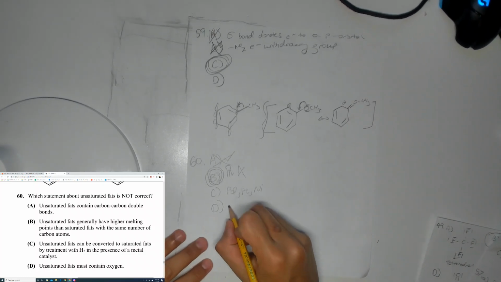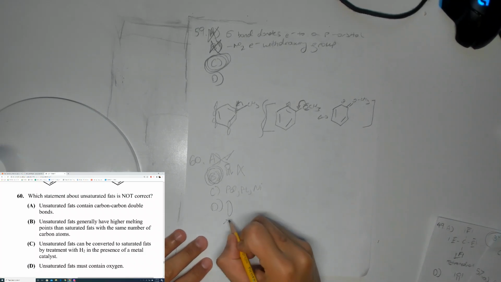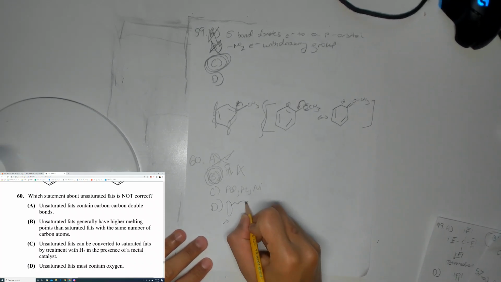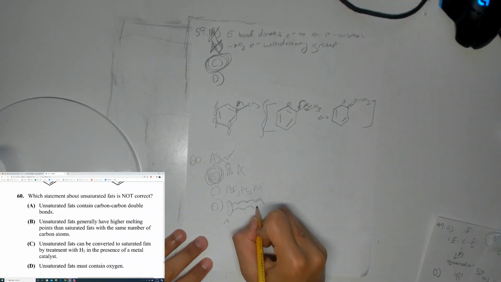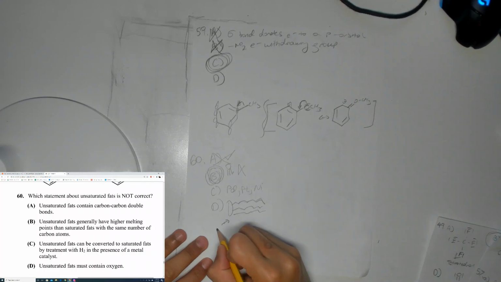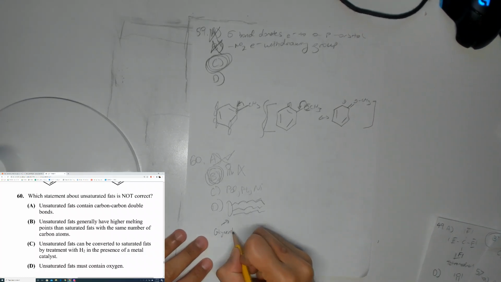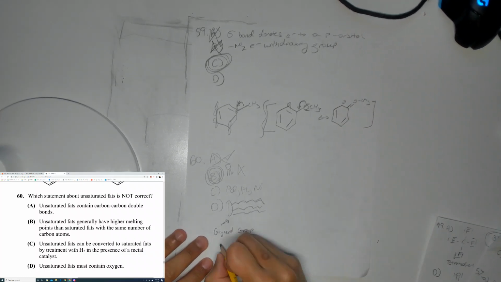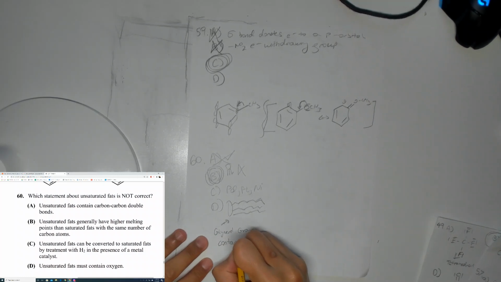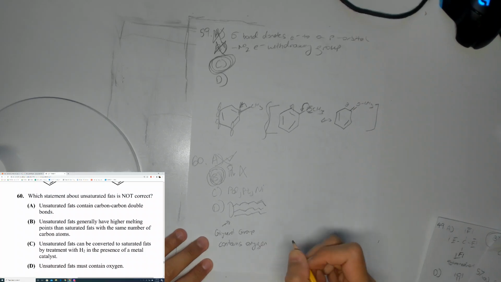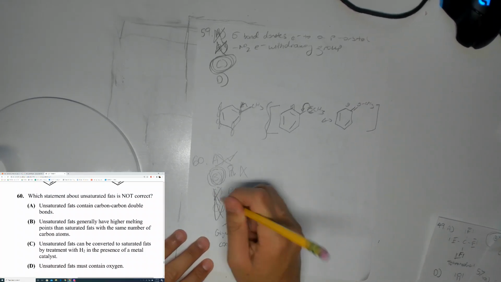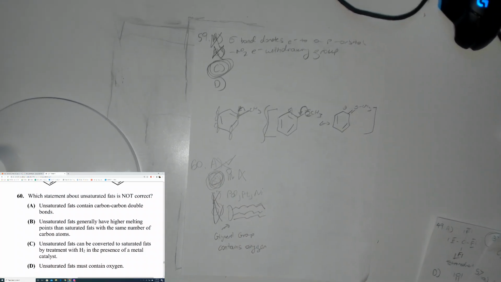See, there's a glycerol group, which contains oxygen. So because of this, you can cross out C and D, and B is our answer.